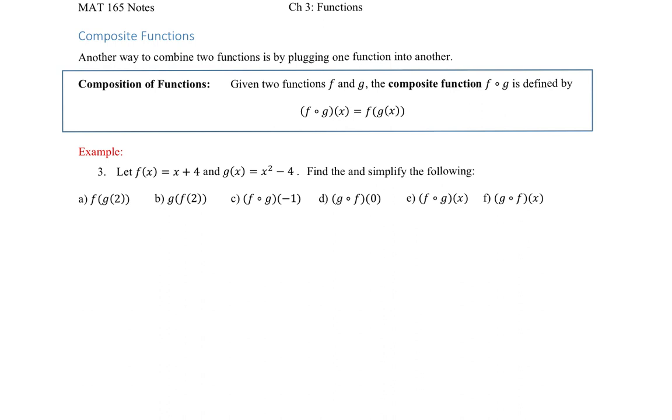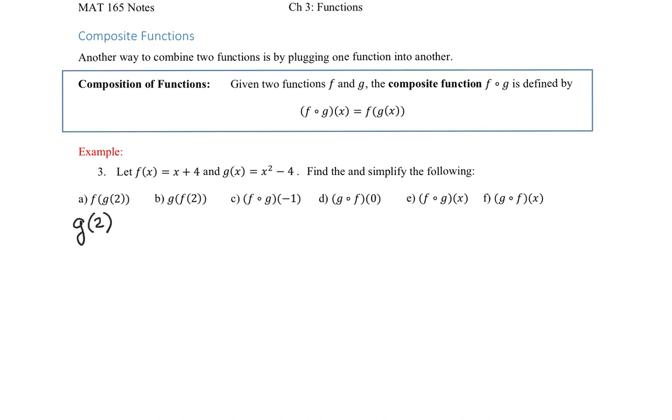Taking a look at number 3, we can see that f of x equals x plus 4, and g of x is x squared minus 4. In letter A, they ask us to find f of g of 2. G of 2 is the inside of this function here. It's the inner function, so we have to solve for g of 2 first.